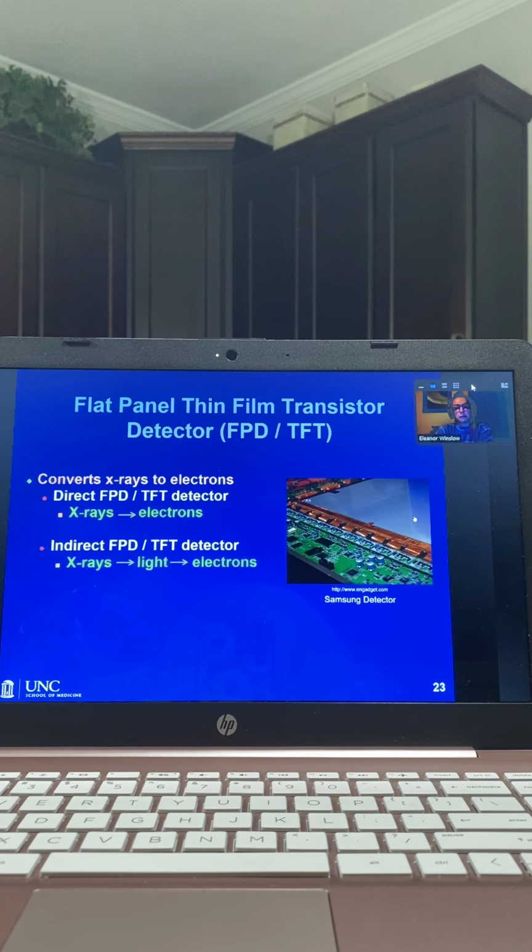Direct? Put an IN in front of that. I'll give you two choices. So it's an indirect detector.